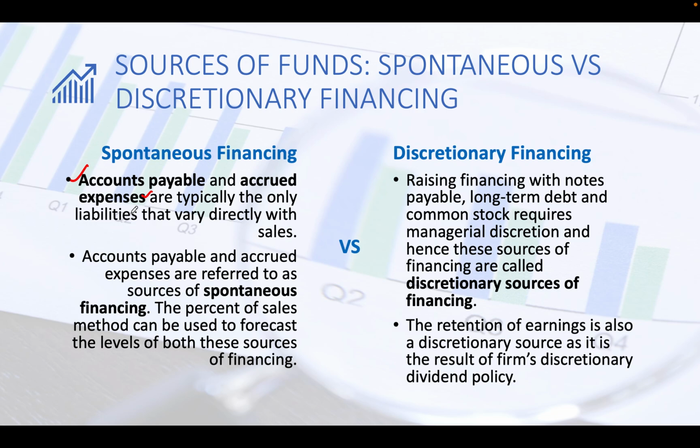Macam mana account payable and accrued expenses can be considered as spontaneous financing? Okay, account payable happen when organisation buy materials or products using credit, secara hutang lah, belian secara hutang.